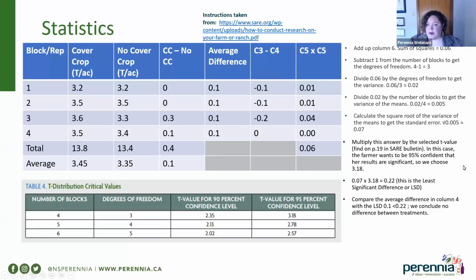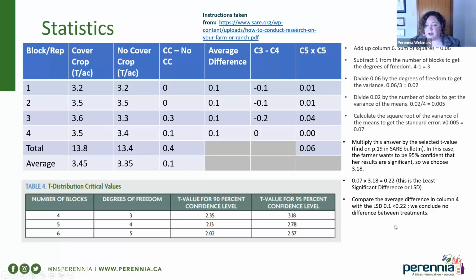So we're going to multiply our standard error by 3.18, and this gives us the least significant difference. This is the value where it has to be at least that much difference in order to be significant. So we look at that.